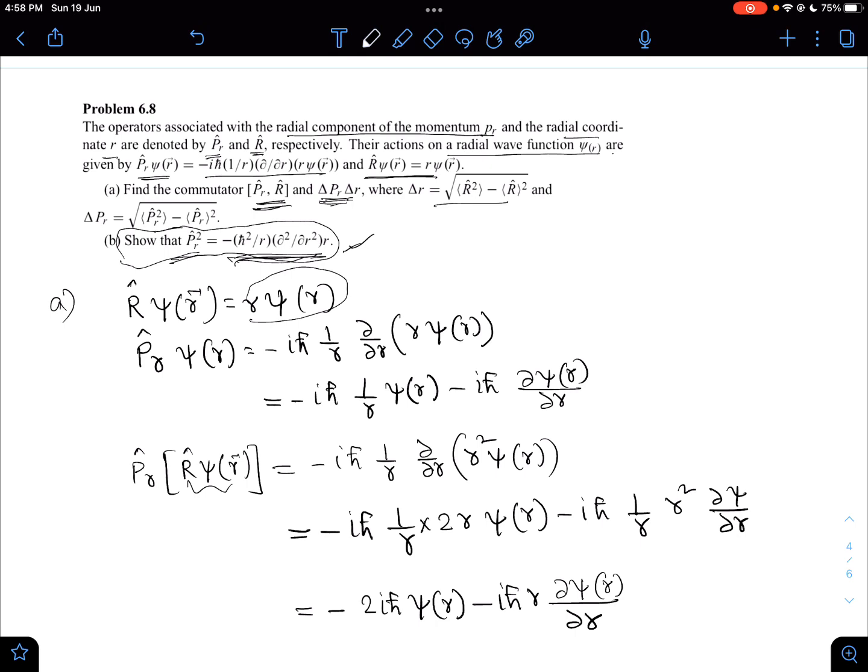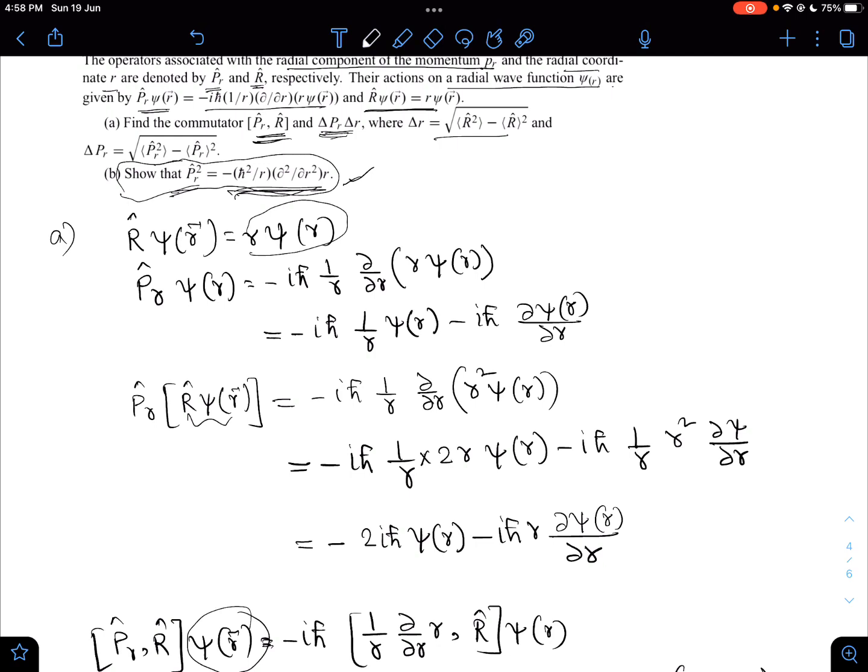For that, what we have to do is operate P_r on psi twice. If we apply P_r on psi, what are we getting? Let us copy that.